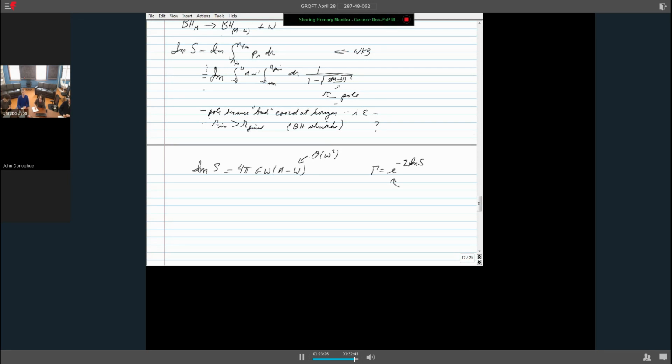There's a pole because you didn't use good coordinates near the horizon. I don't mean to insult them, I'm sure they have some rationale for this, but the coordinates have this integrable pole at the horizon. So you put an i epsilon in, and you do some contour integral.